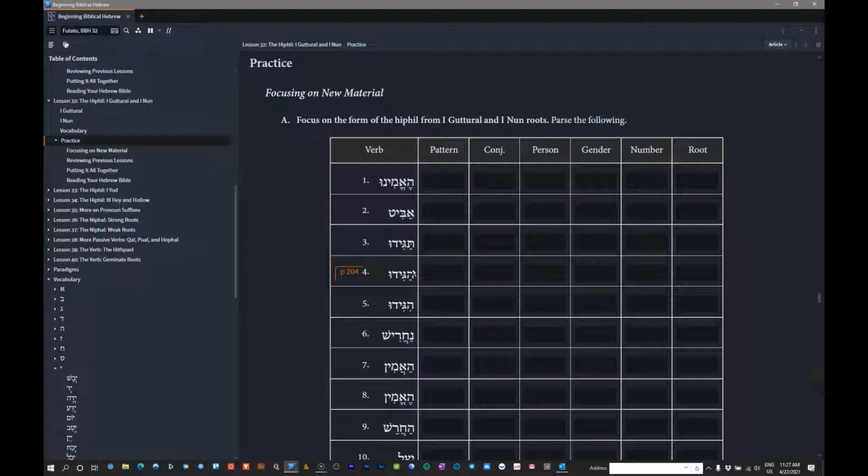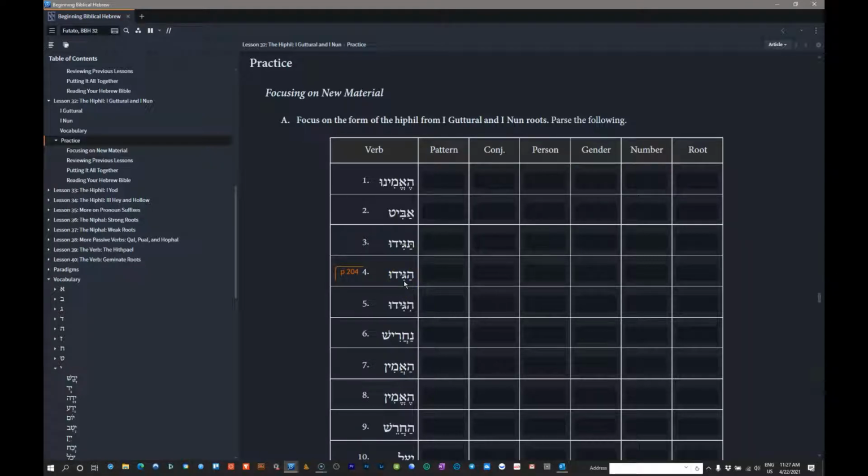So we should be thinking imperfect or infinitive, one of those two. When we look at the shureq here, we can see that this is indicative of an imperative. Now, we talked before about how the imperative does not do the hireq yod, it does the tsere. So what's going on here?